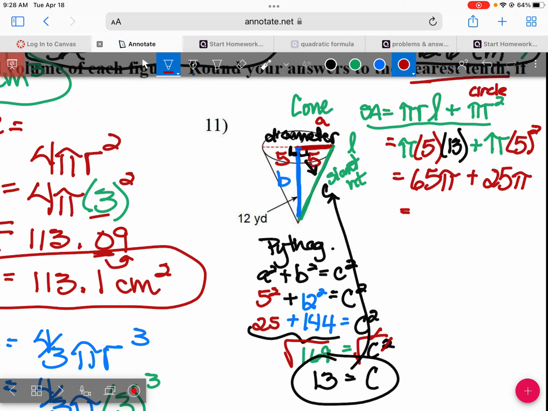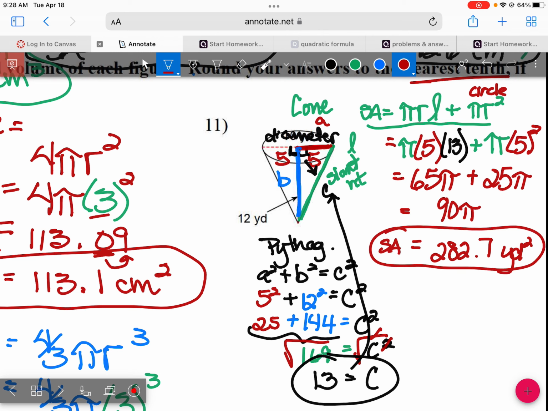Putting it all together, I get 90 pi, which, multiplying 90 times pi, gives me 282.7 yards squared. That is the surface area.